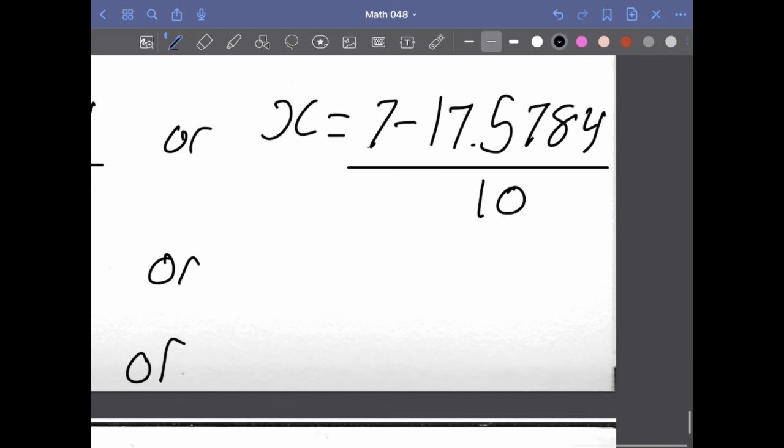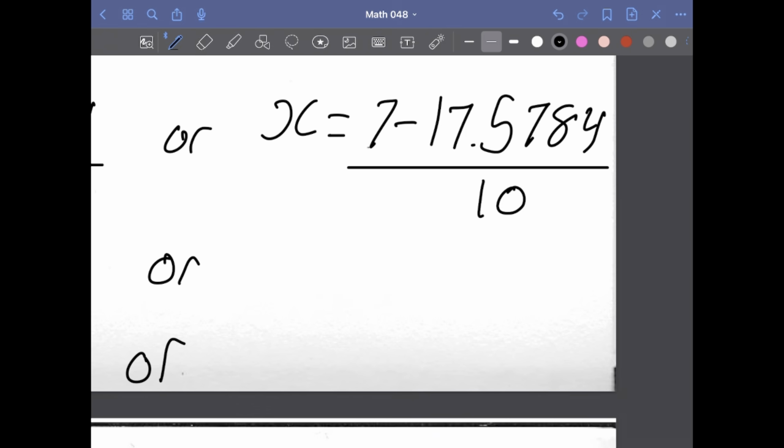Or, same thing over here, 7 minus 17.5784, that's negative 10.5784.